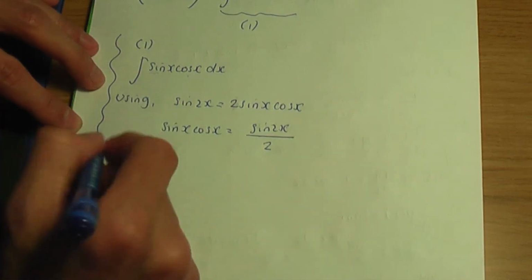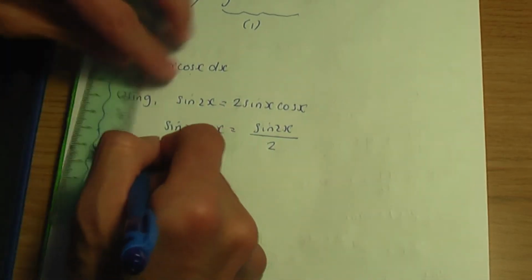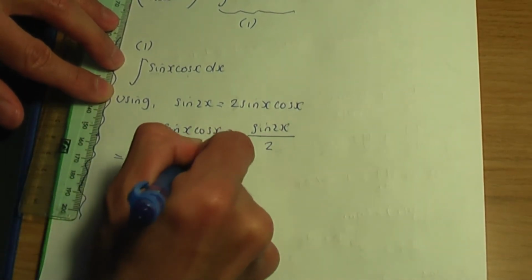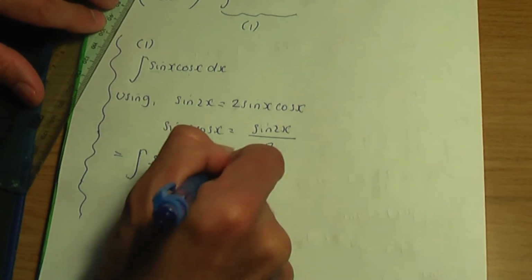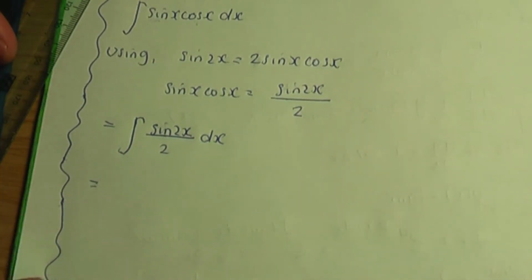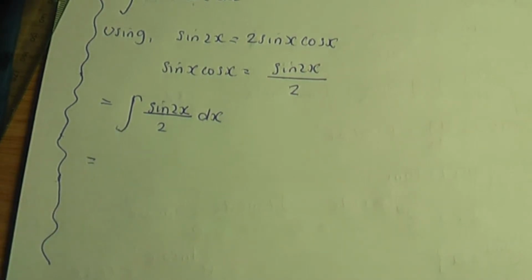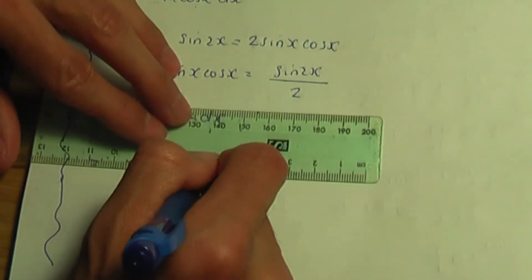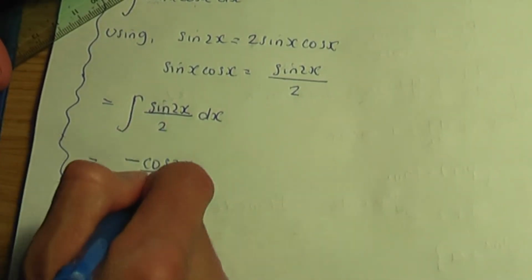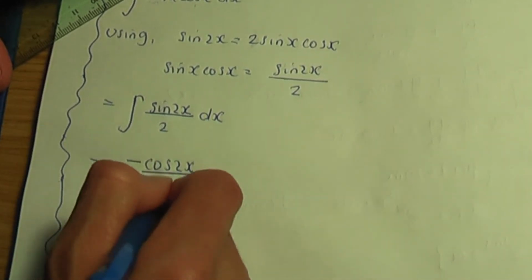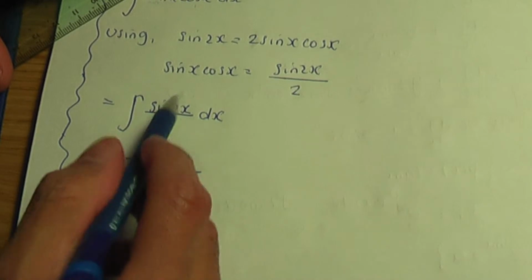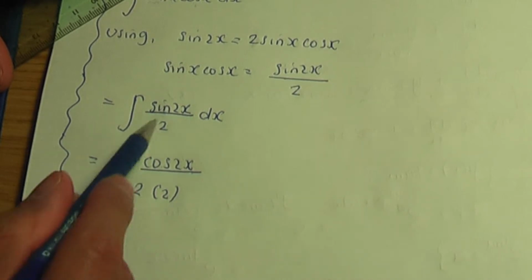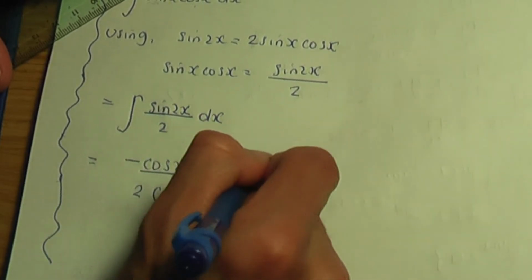As a result, I can rewrite this integral as the integral of sin 2x divided by 2, and let's integrate that with respect to x. If I integrate sine, that is minus cos, so it's minus cos 2x divided by 2, keeping this 2 here. Be careful, when you integrate sin 2x, it's minus cos 2x over 2, but don't forget this 2 already here, plus the c for completeness.